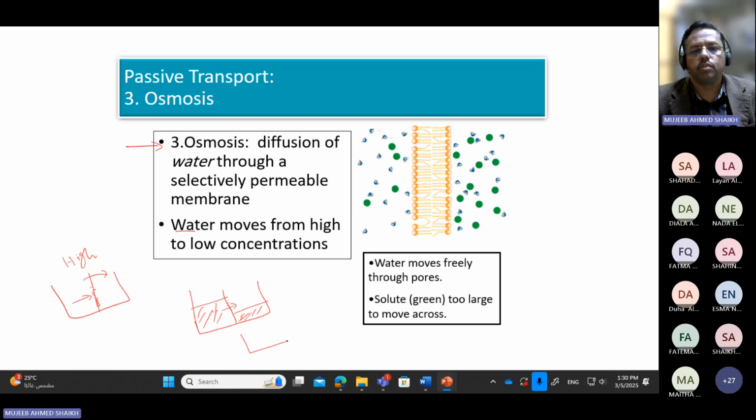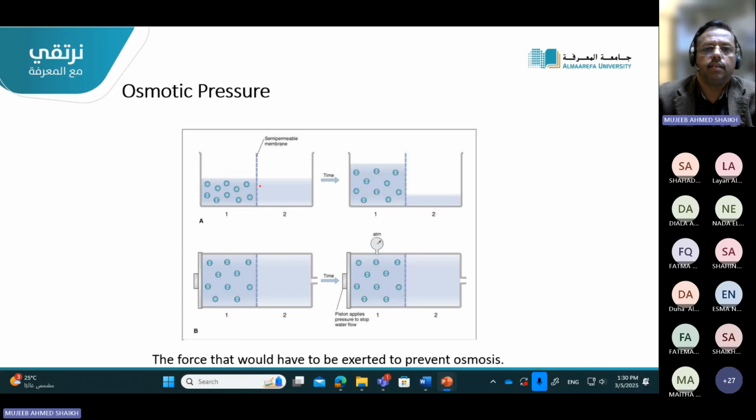Yes, till both sides become equal. Till that time, it will be moving, till the equilibrium is reached. These are water molecules, these are H2O molecules. Here are many.